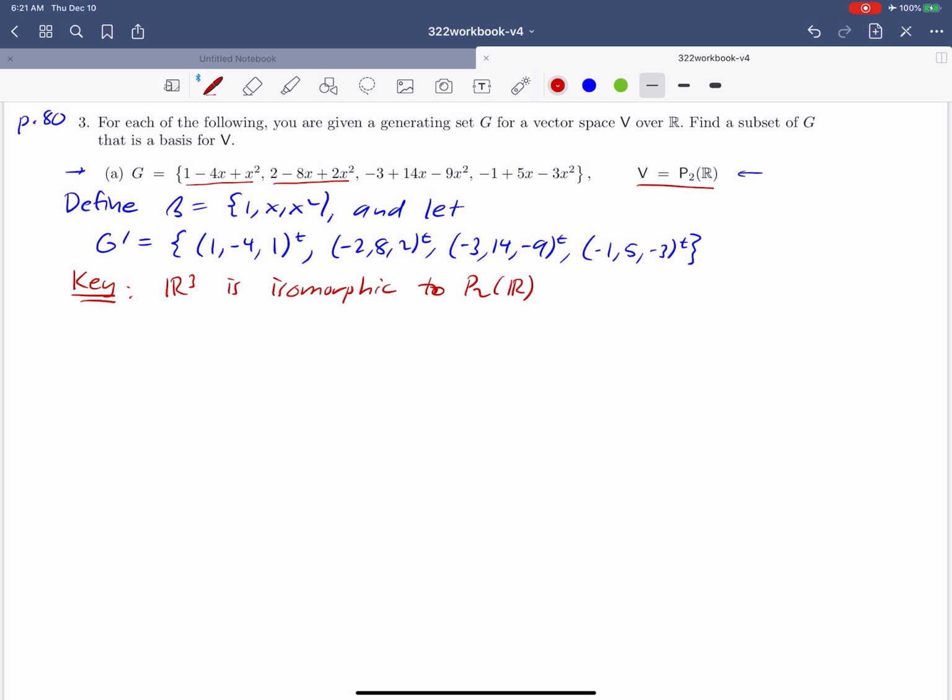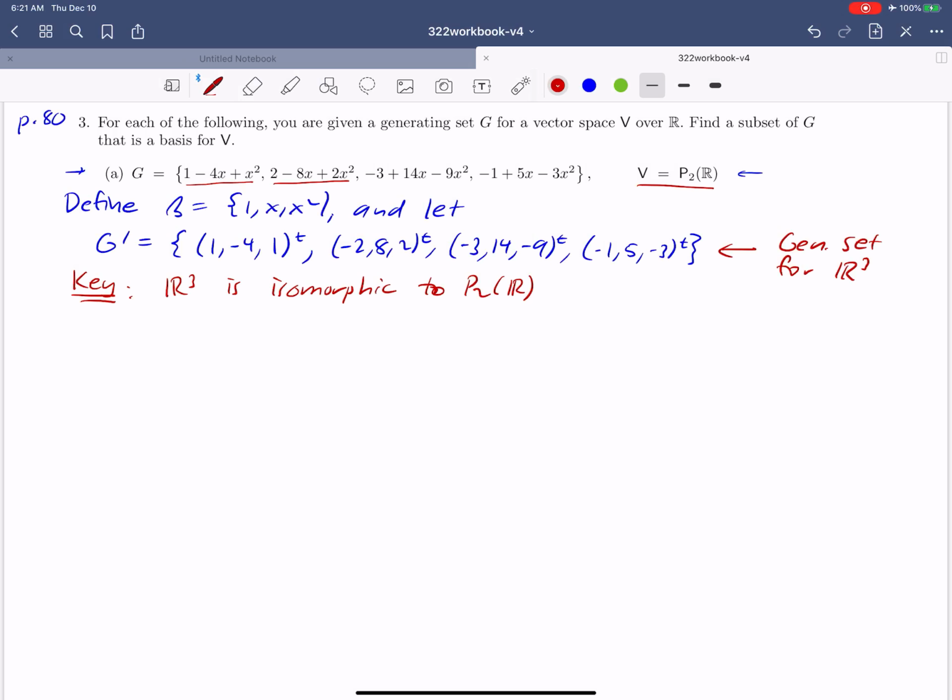What that means is that this set G prime has to form a generating set for R3 because of this isomorphism. And so we could ask the question, could we reduce the set G prime to a basis for R3?